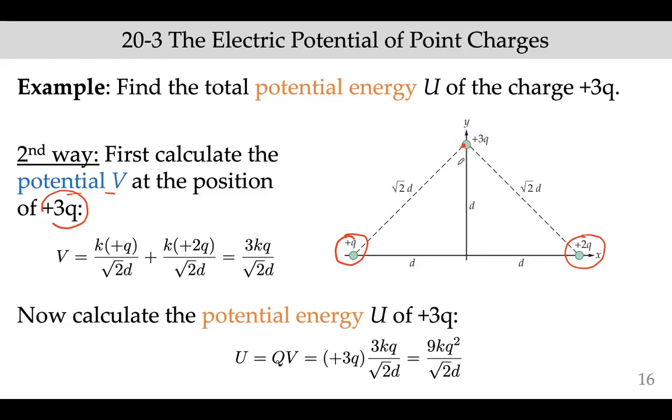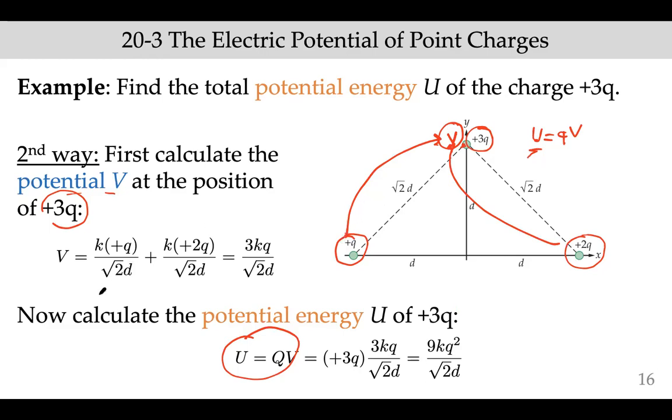And once you know the potential coming from q and this 2q, now I can multiply this potential by the charge by using this equation. So U equals q times V, and it would give me the energy of this plus 3q charge.